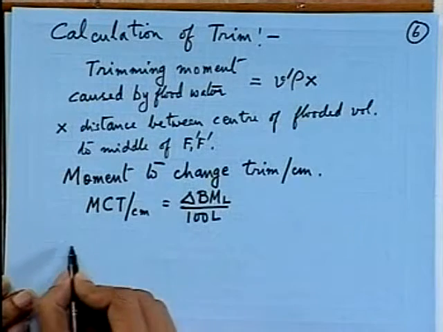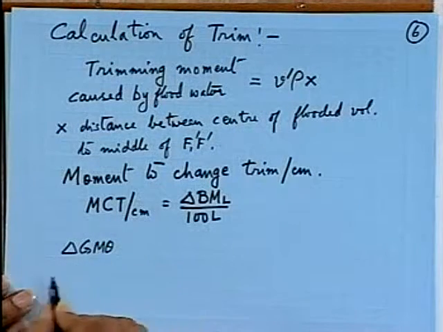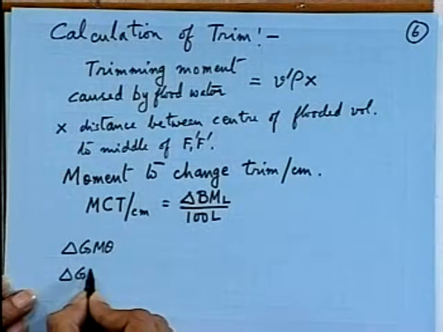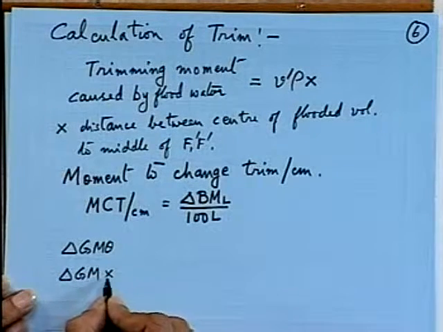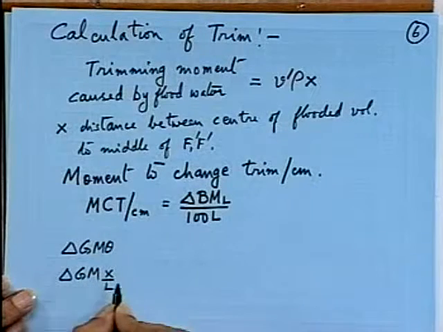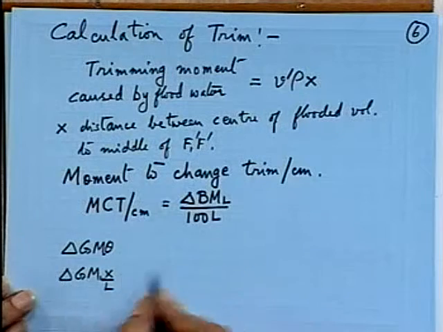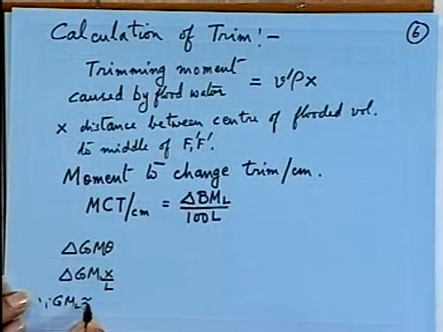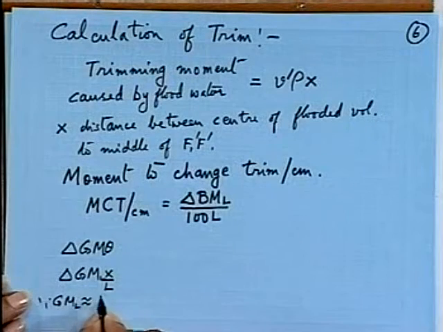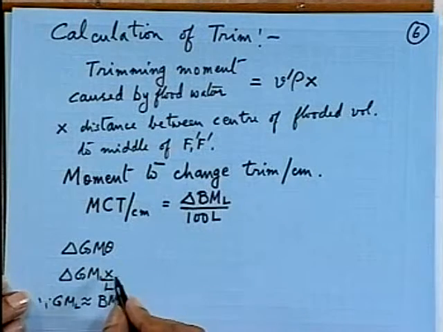Now this theta you can write as x, the amount of trim, divided by L, and GML is replaced by BML, since GML is very nearly equal to BML.